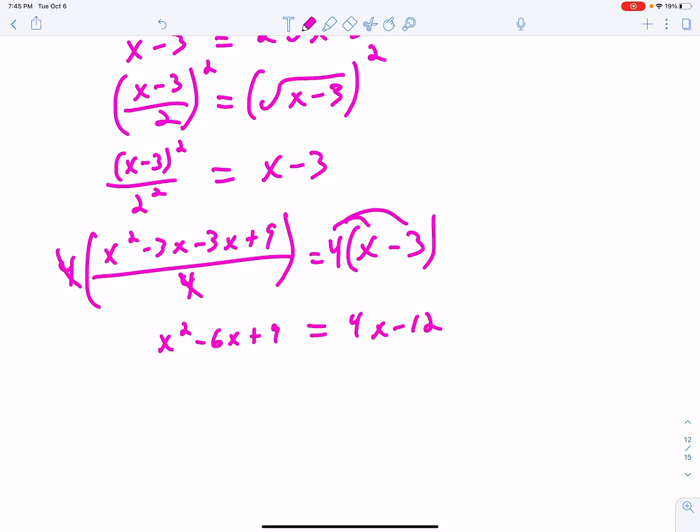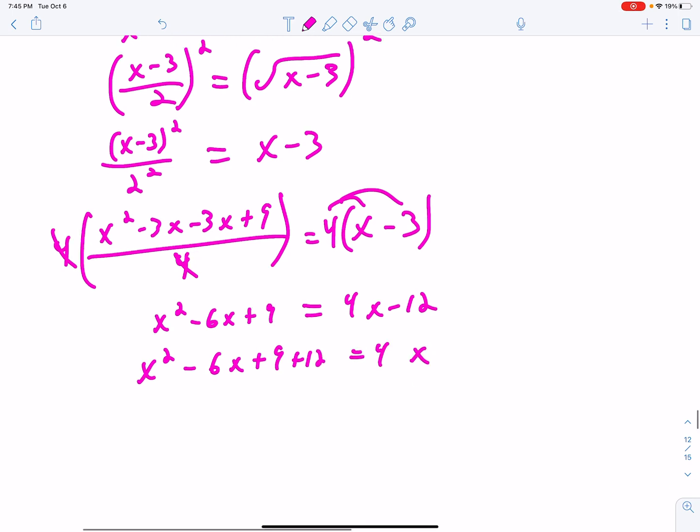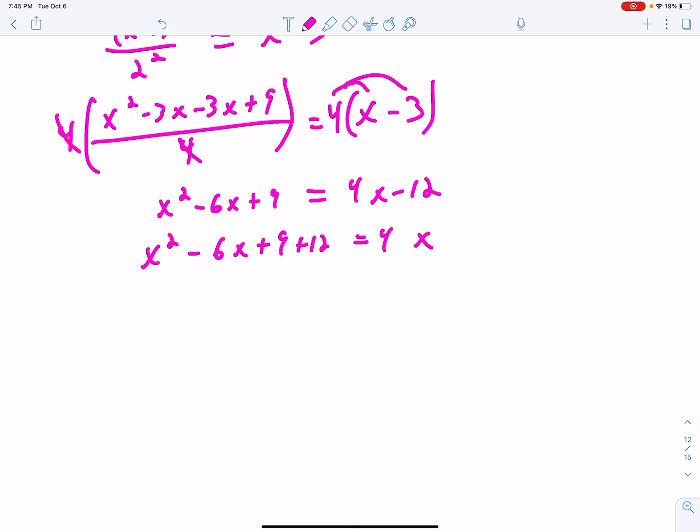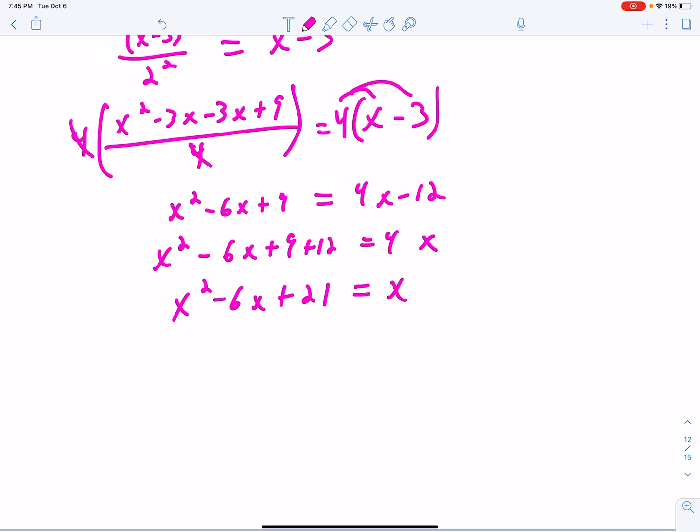We want to get x by itself, so we'll add 12. We're almost done. I know this one's a lot, but combine like terms. So x squared minus 6x, 9 plus 12 is 21. And we'll divide both sides by 4, so 4x over 4 is just an x. Wait, what did I do wrong here?